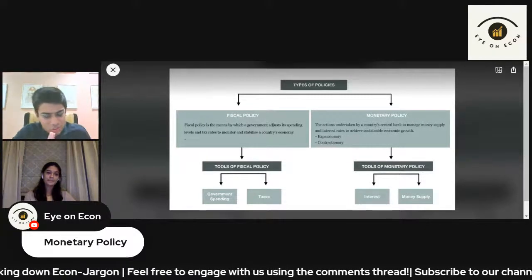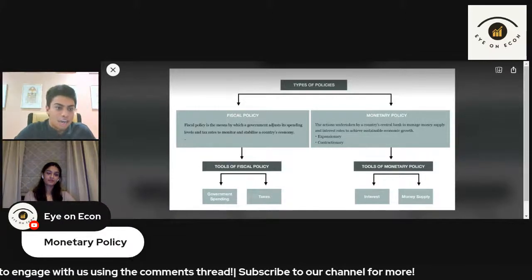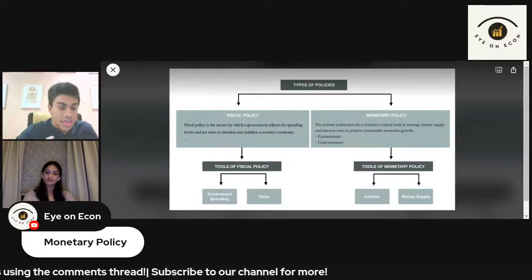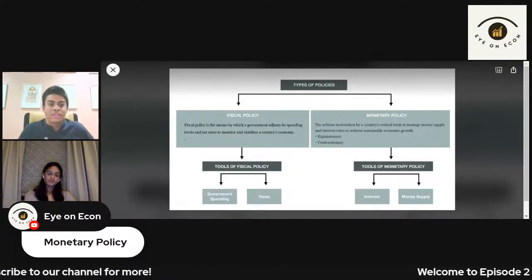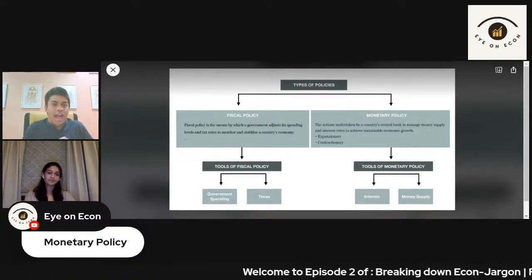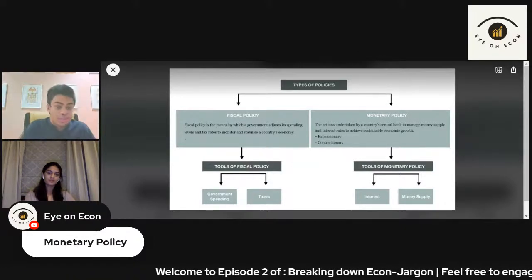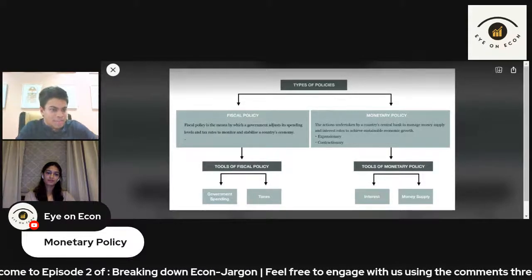What is also interesting to note is that what certain countries have done to tackle COVID is a mixture of the two. They've played around with fiscal policy and monetary policy to try and promote some form of growth in their domestic environment.